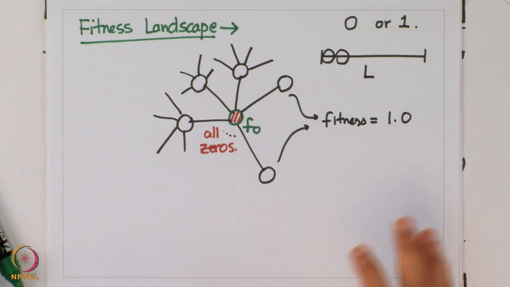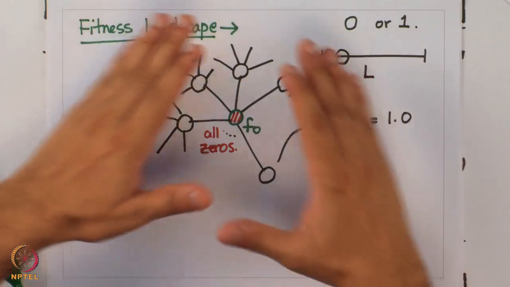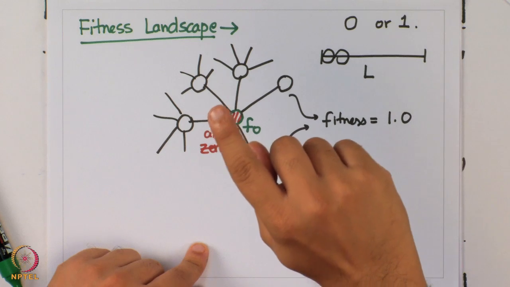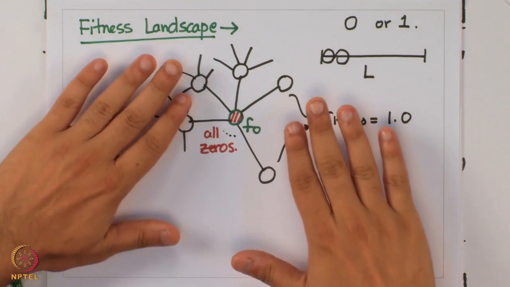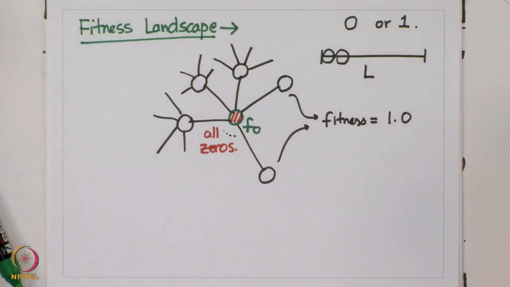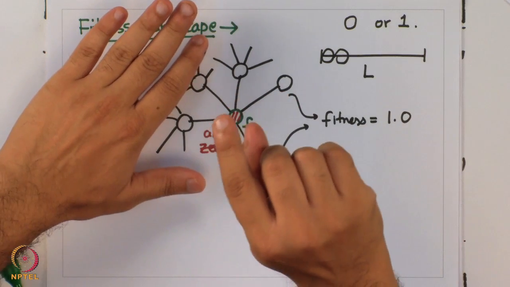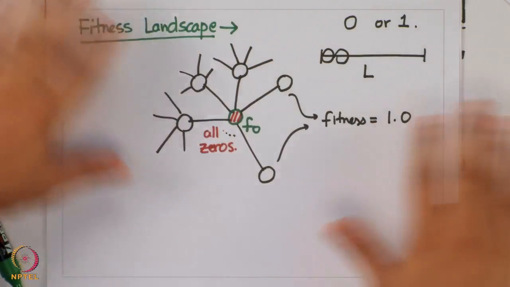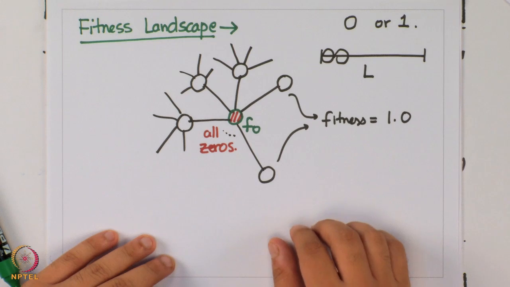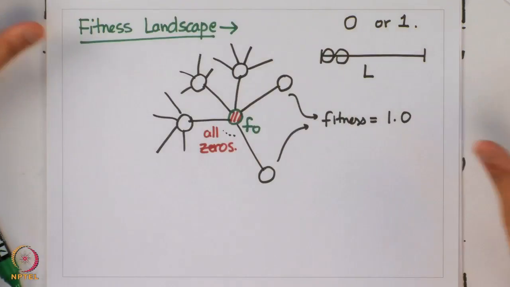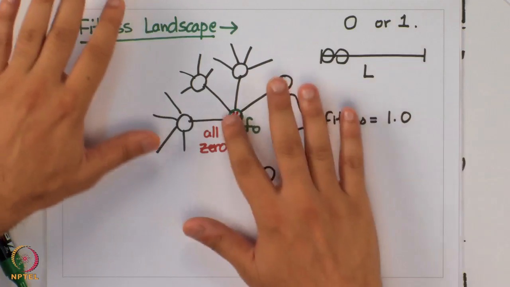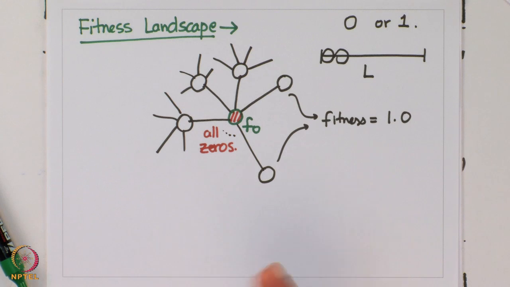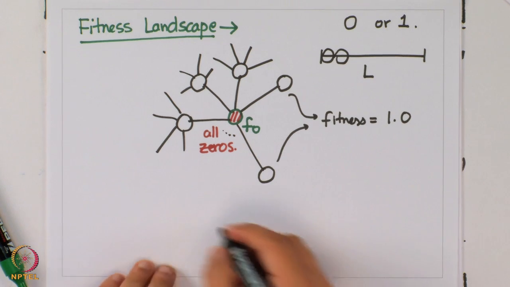Now you can imagine this structure as a peak where there is one point here which has a fitness value of F naught, and we know that F naught is more than 1, and all the other nodes have a fitness value equal to 1. So, this is just a plateau with this one node, which is centered on this depiction and has a value of F naught associated with the fitness for that sequence. So, that is the landscape that we have: a plateau with every node having a value 1 and a sharp peak with a value F naught bigger than 1. But for the sake of simplicity, we can just represent this like this.